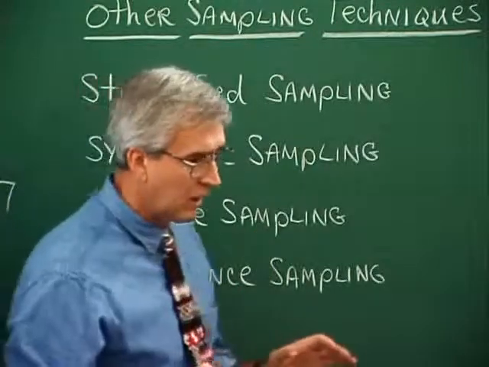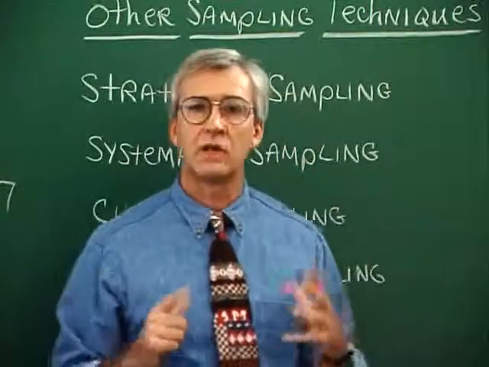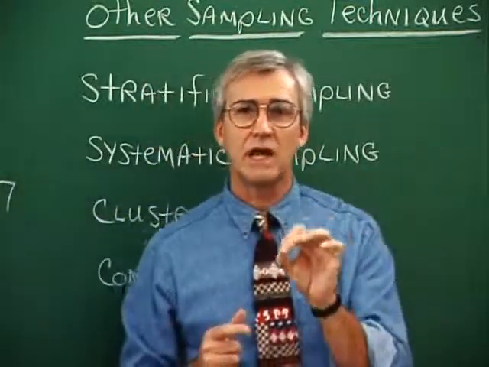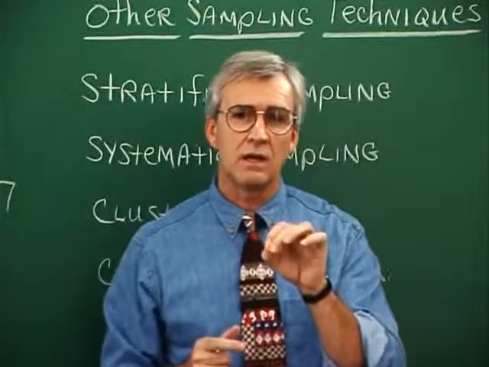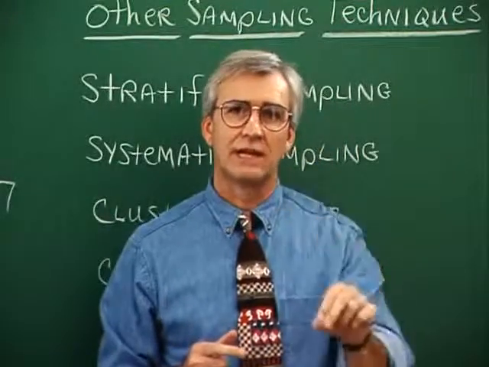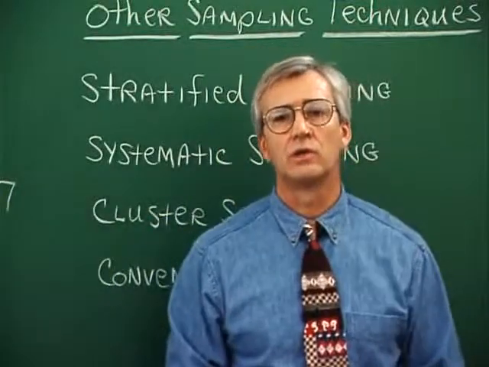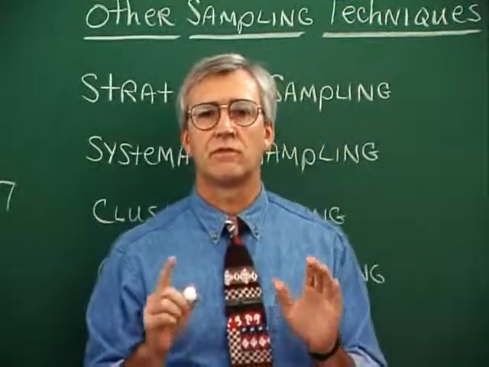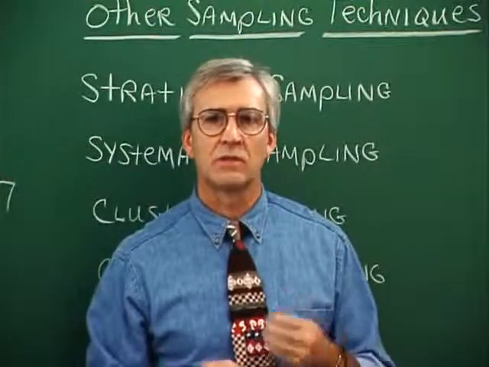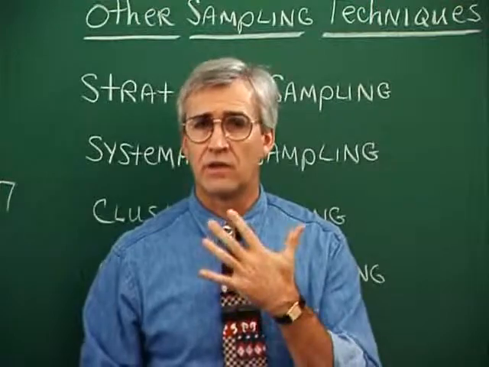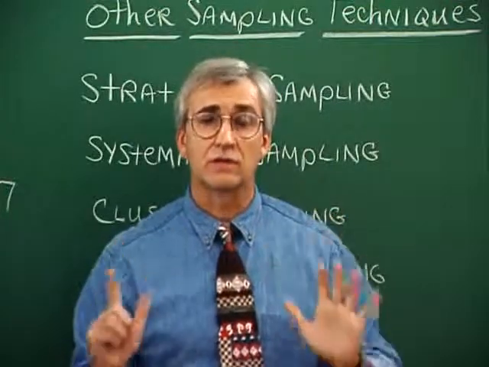Cluster sampling involves dividing the population into clusters, as the name implies, and then sampling everybody within a randomly selected cluster. Example would be, suppose we want to survey a random sampling of 5 corporations in the United States of a certain size.